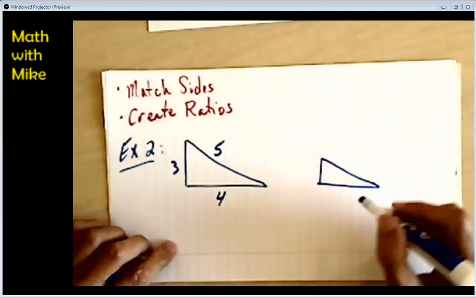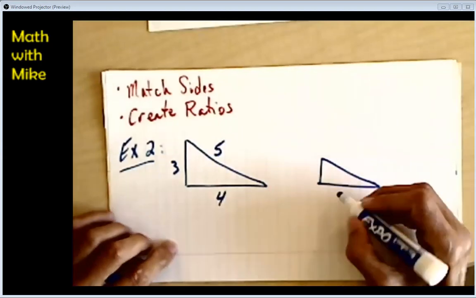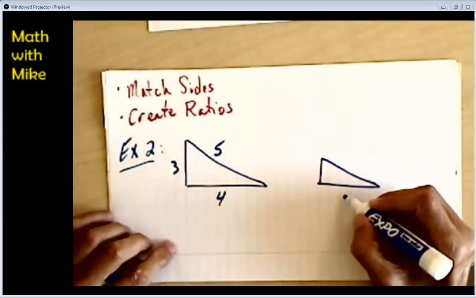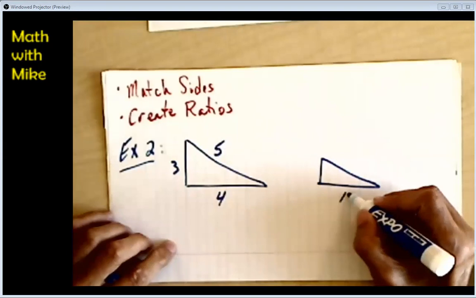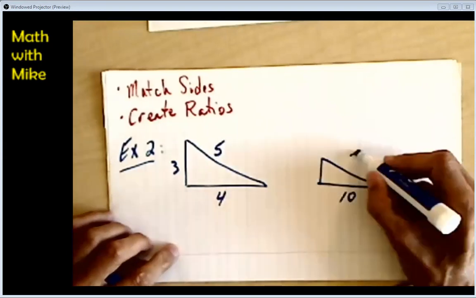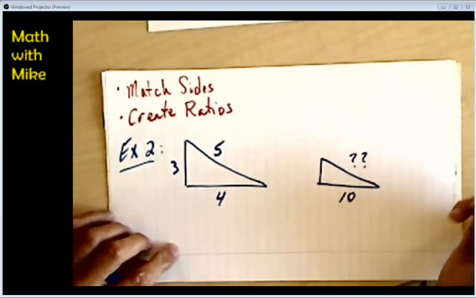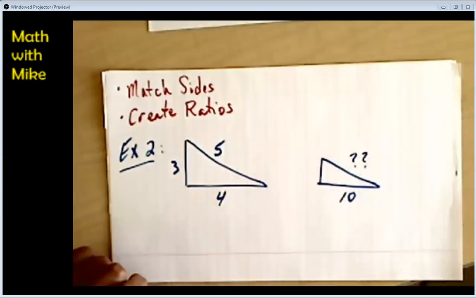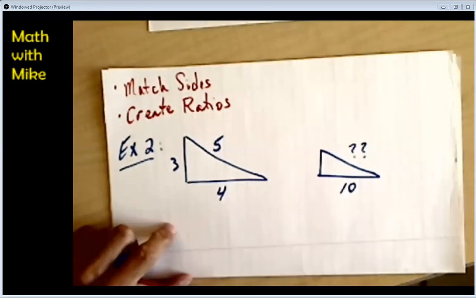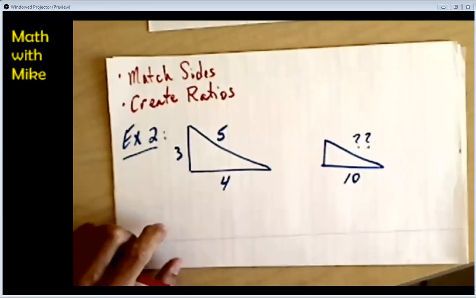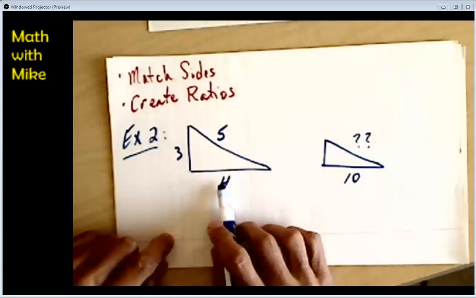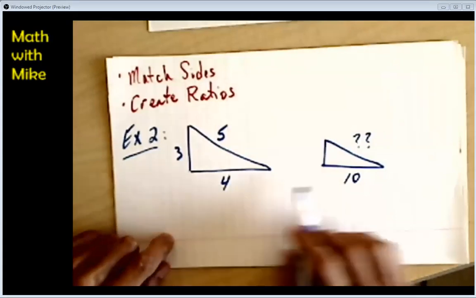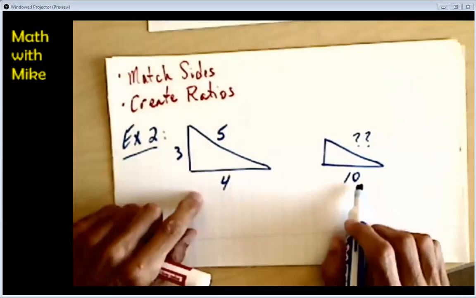Numbers might be weird sometimes. So let's just say that this is 10, and we want to figure out what that side is going to be. Oh, I got it backwards. Clearly, this is the bigger triangle. That's a small one. Okay, we'll work with that though.